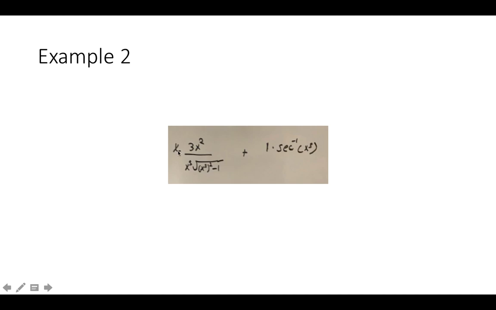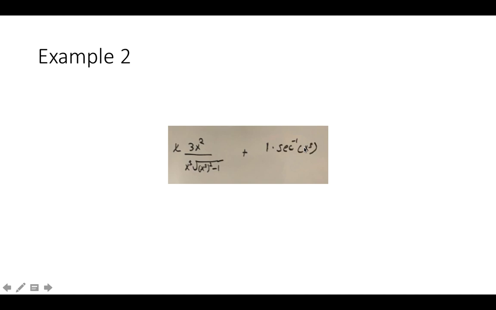Our first function is x. The derivative of the second function is 3x squared divided by x cubed times the square root of x cubed squared minus 1. The derivative of the first function, x, is going to be 1. And we're just going to plug in the second function, which is inverse secant of x cubed.